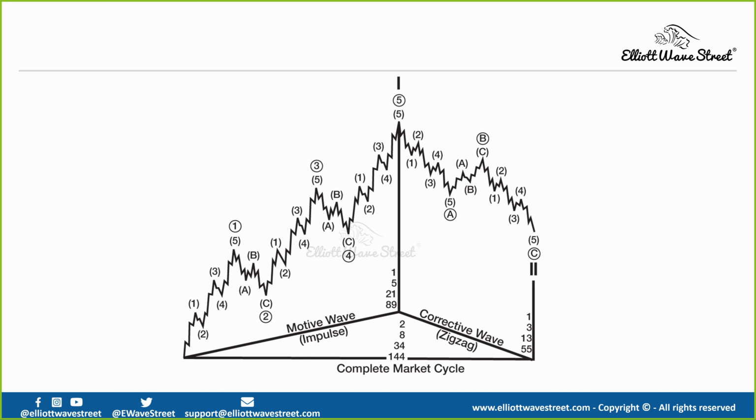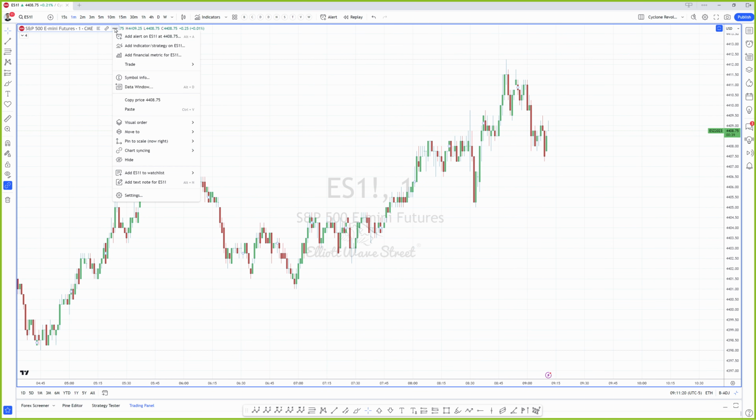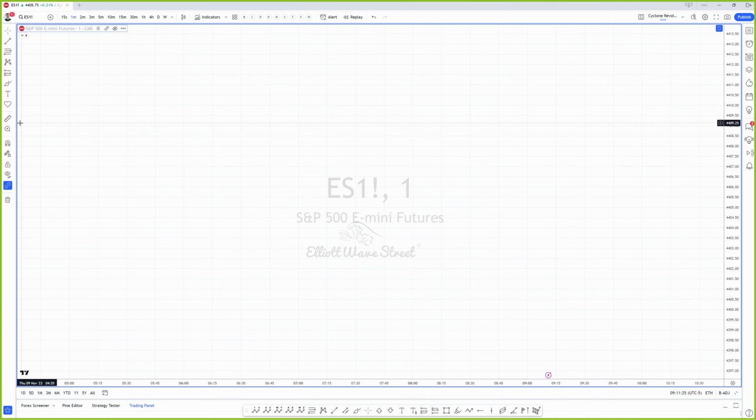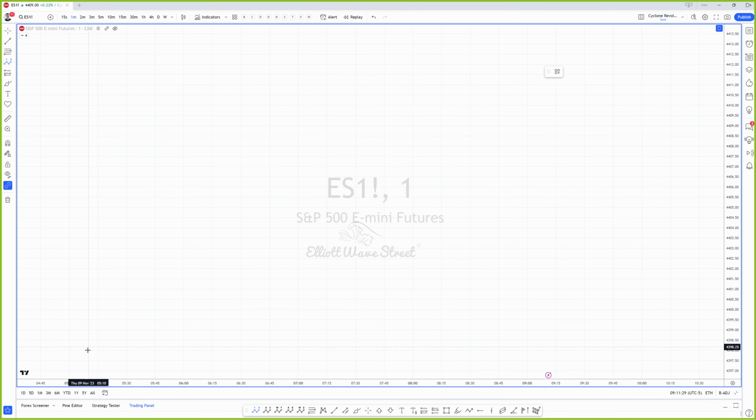So let's have a look at the structure of the waves. Let me hide the S&P here for a second, and let's talk about the basics of the waves. So, traders, the wave 1, the wave 2.